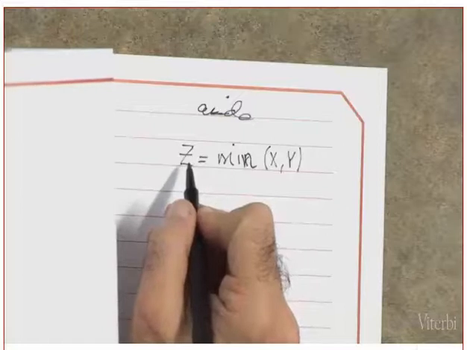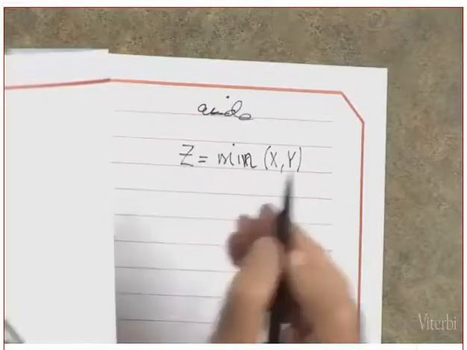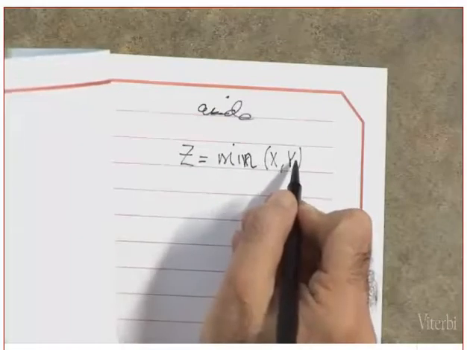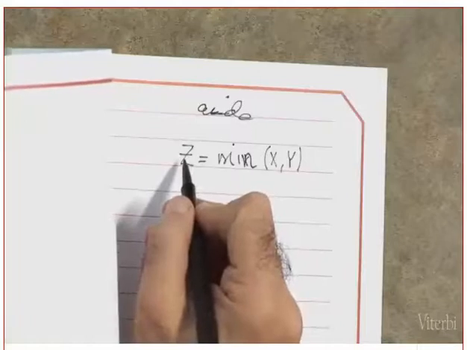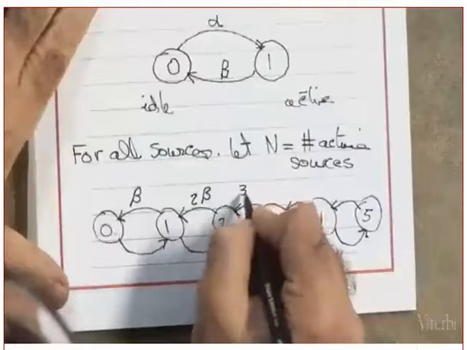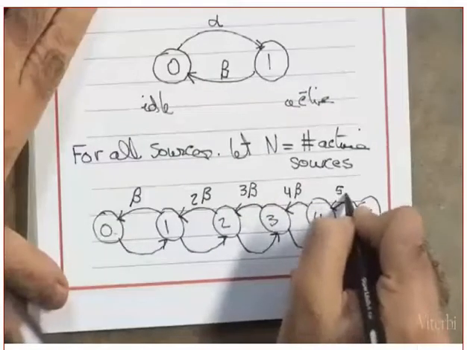Z will also be exponential. But with what parameter? If the parameter of this one is beta, and the parameter of this one is beta, then the parameter of this one will be 2 beta, the sum. Clear? You remember this? So what do I have? 2 beta, 3 beta, 4 beta, 5 beta.